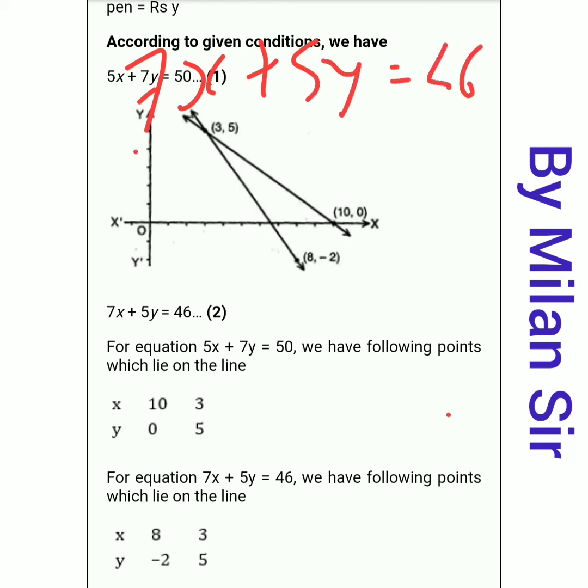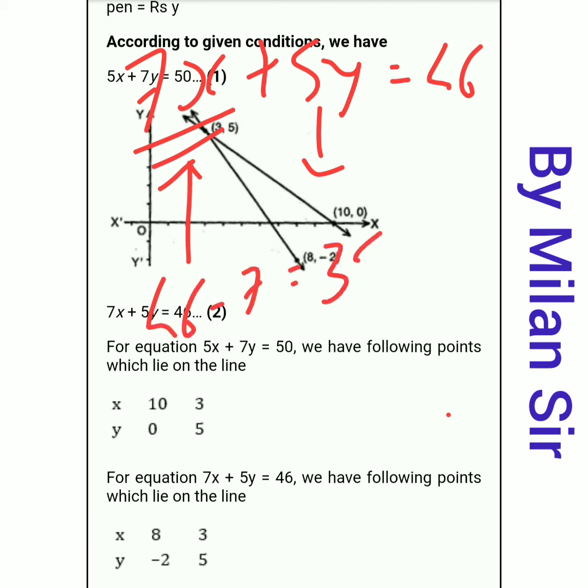Now if you put a value of x here, you finally need to get an answer like this, meaning a multiple of 5. We want the answer as a multiple of 5. On the left-hand side, it is a multiple of 7 if we put the value of x. So first, 7 ones are 7. 46 minus 7 is not a multiple of 5.